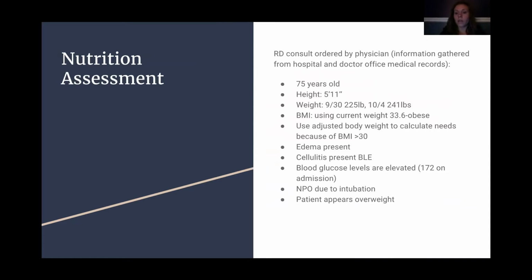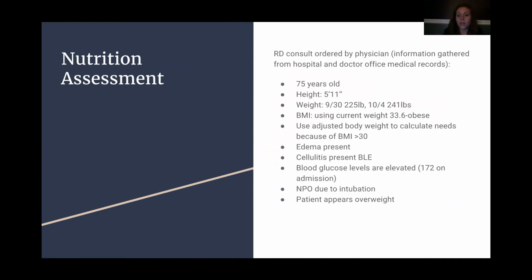And then his weight on October 4th was actually 241 pounds. So that was a huge increase in weight due to the fluid volume. His BMI, using his current weight of 241 pounds, was 33.6, obese, and we used his adjusted body weight to calculate his needs based on a BMI of greater than 30.